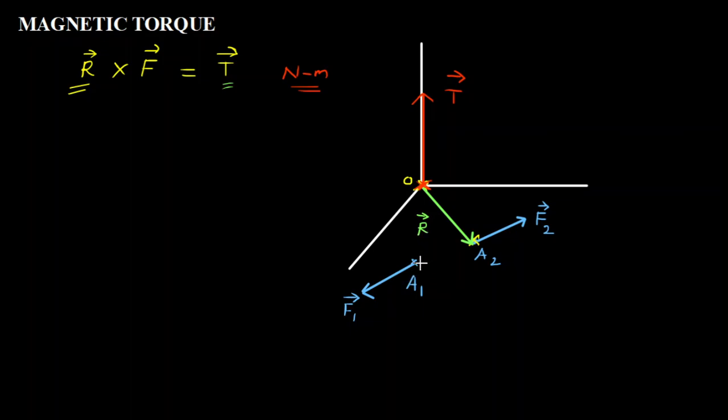And obviously this is at some distance from the origin, so I am going to have another moment arm. This moment arm I'll call R2 because it corresponds to F2. I will have another moment arm here to A1, and I'll call it R1.